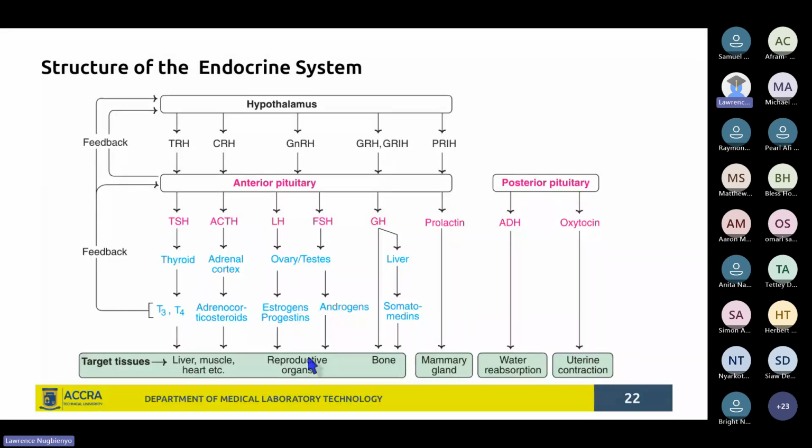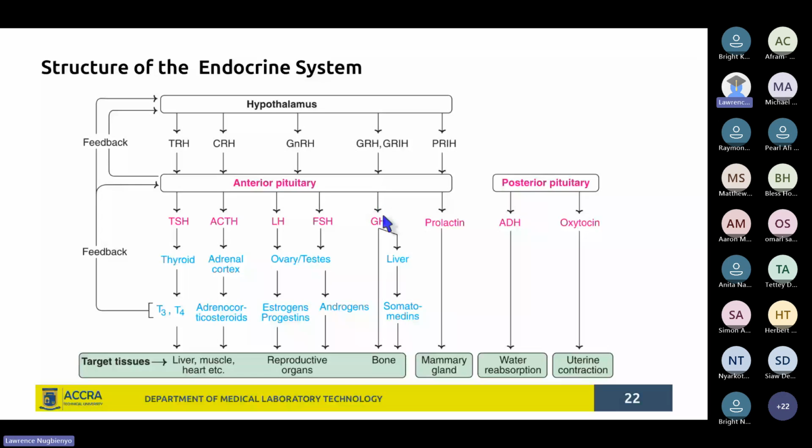And you have the growth hormone releasing hormone and the growth hormone releasing inhibiting hormone. These two act together to regulate growth, acting on the anterior pituitary and regulating the secretion of growth hormone from the anterior pituitary.